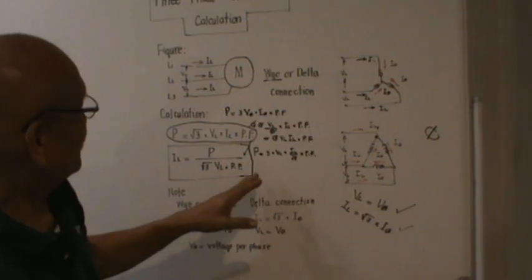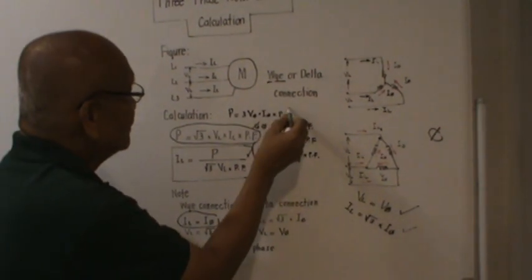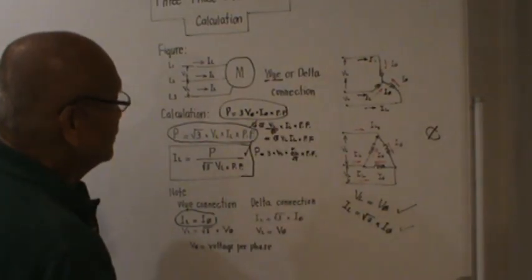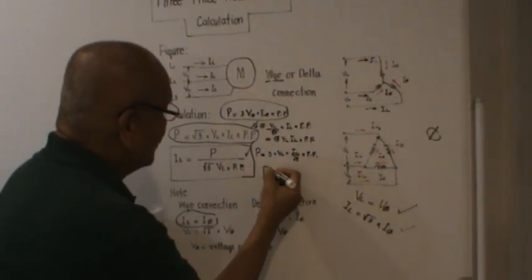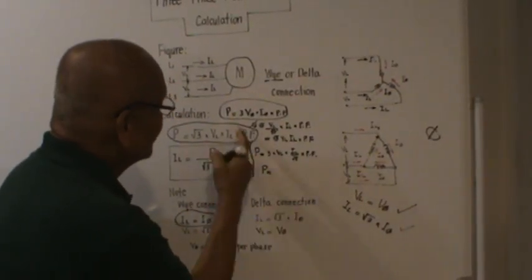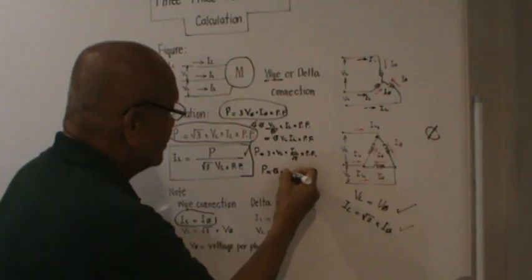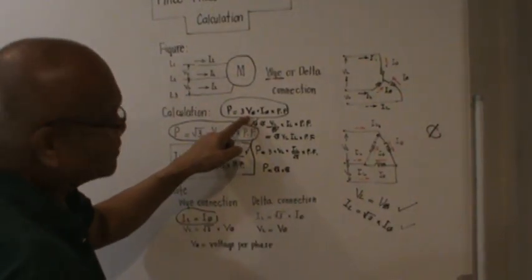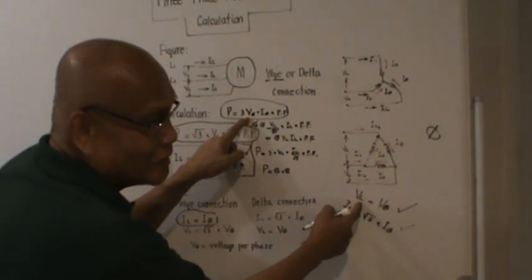So again, if we go back to the formula, this one here. If we try to follow that one, total true power now is equal to 3. 3 can be written as square root of 3 times square root of 3. The phase voltage for a delta connection is the same as the line voltage.